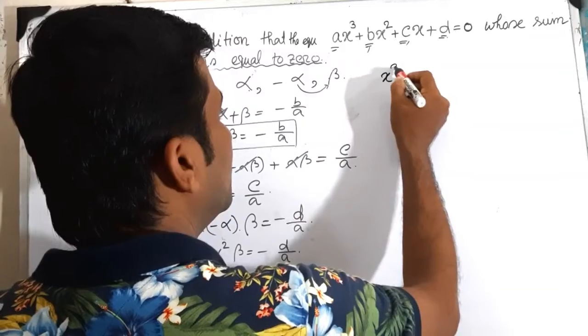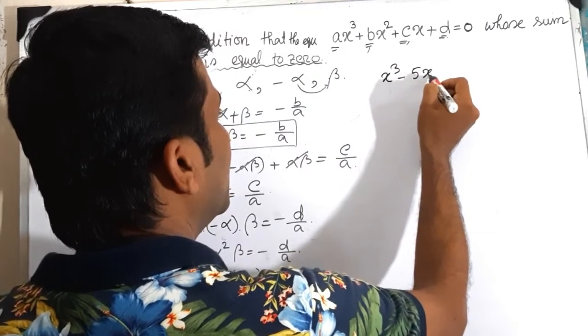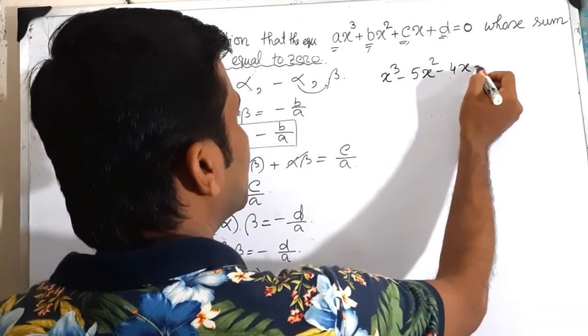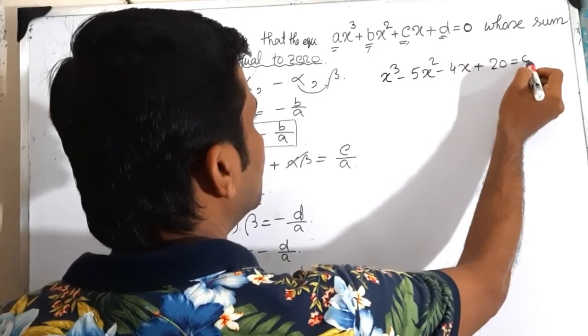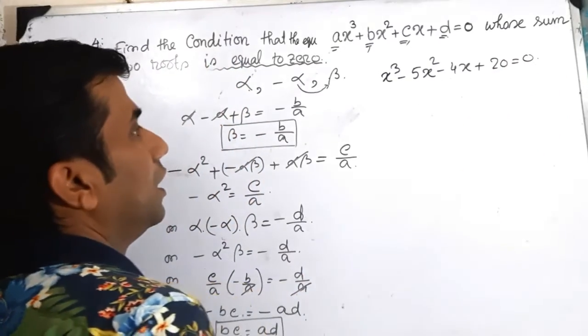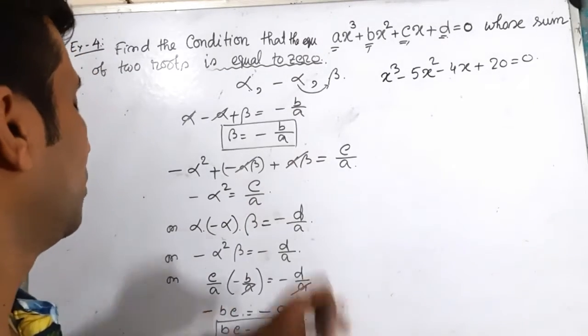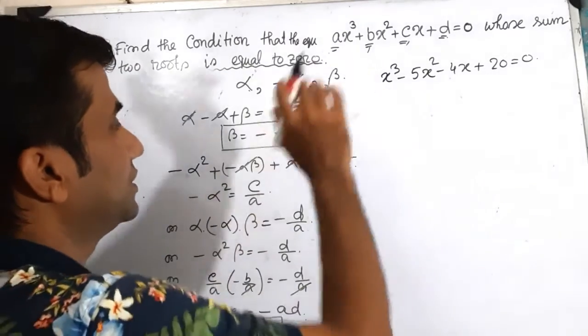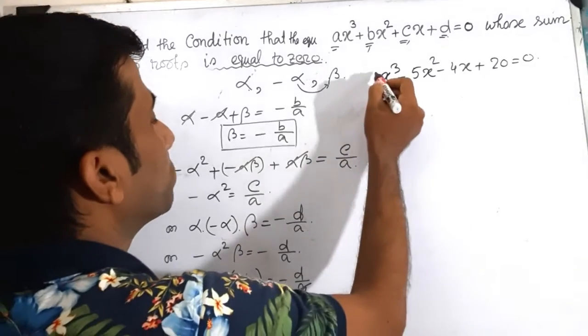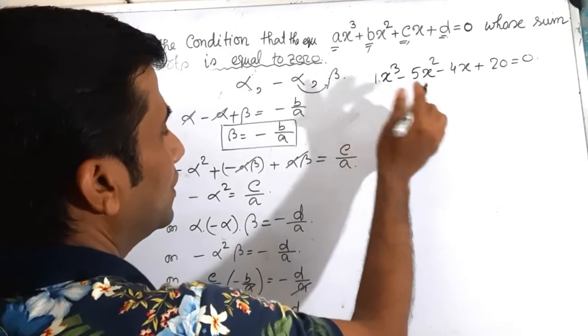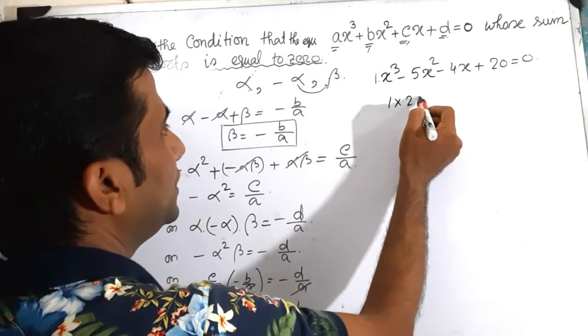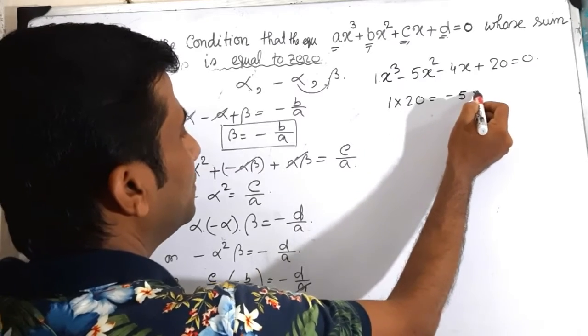X cube minus 5x square minus 4x plus 20 is equal to 0. The nature of the roots. From the given condition, we say that this coefficient is 1, then 1 into 20 is equal to minus 5 into minus 4.